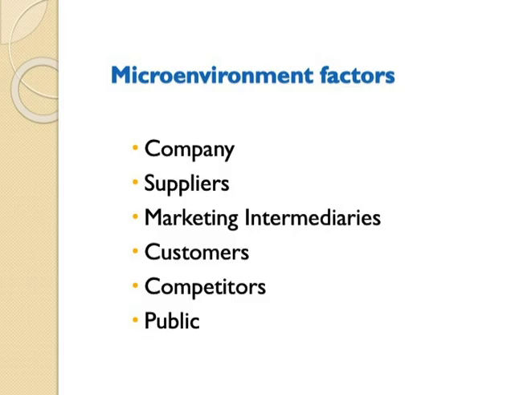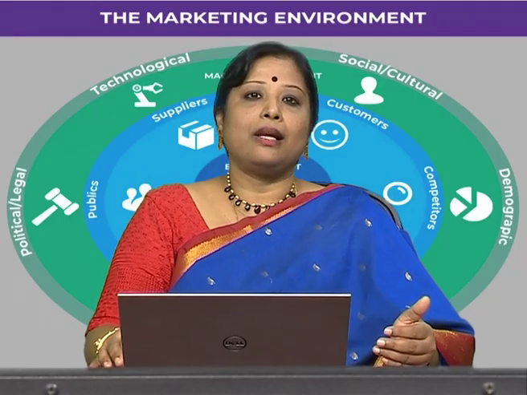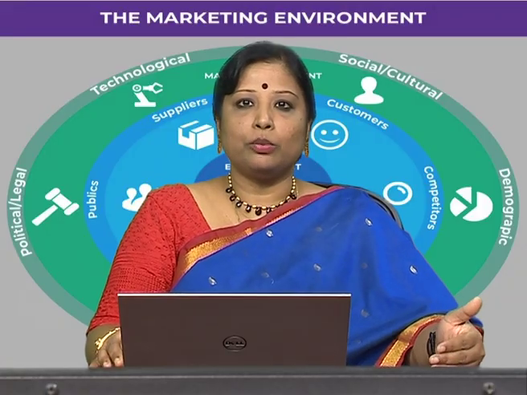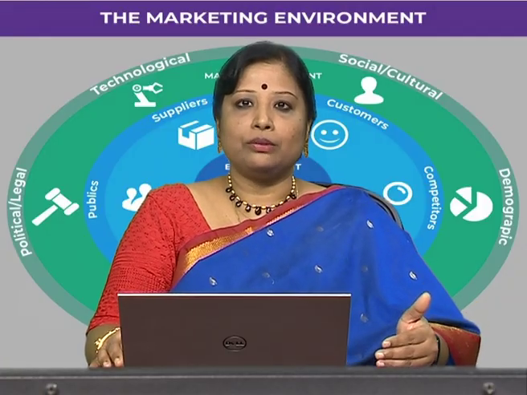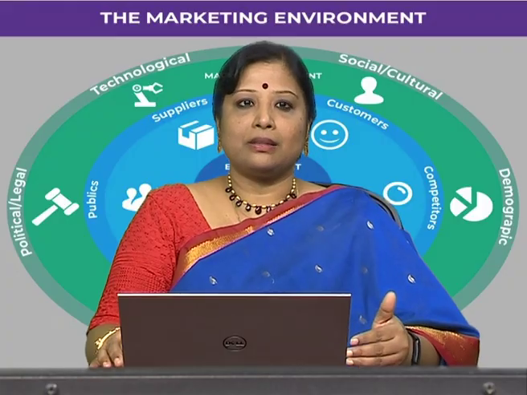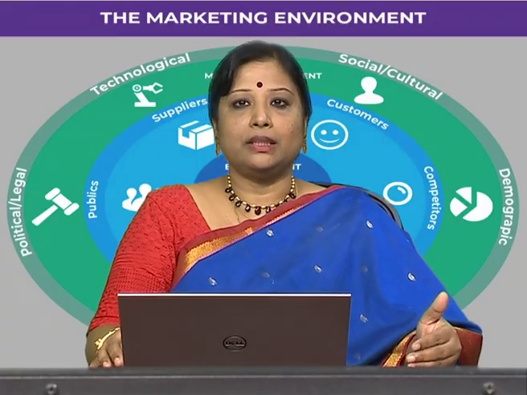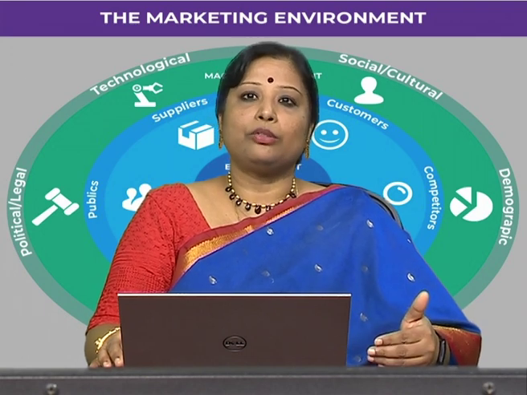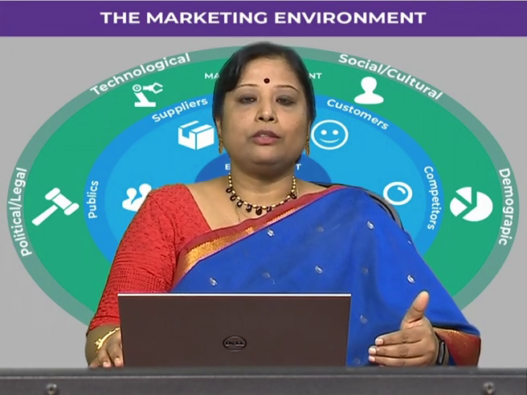The micro environmental factors, if you see, my dear students, all these 6 environmental factors are close by. The company, the different departments working in the company, like the production, the marketing department, the finance department, the research and development department, all these are close by, wherein they work together to develop a particular product or to run a company.